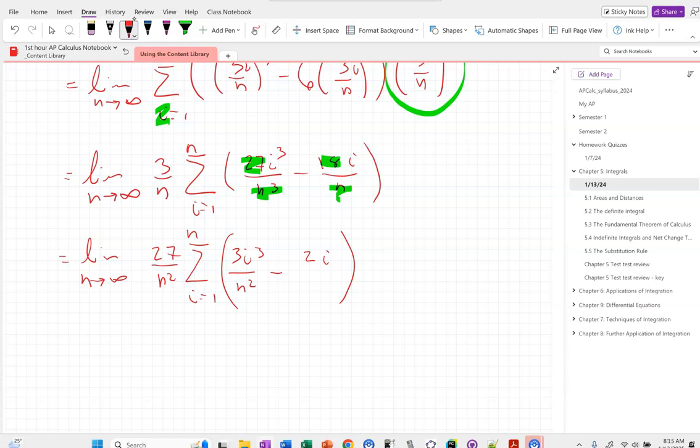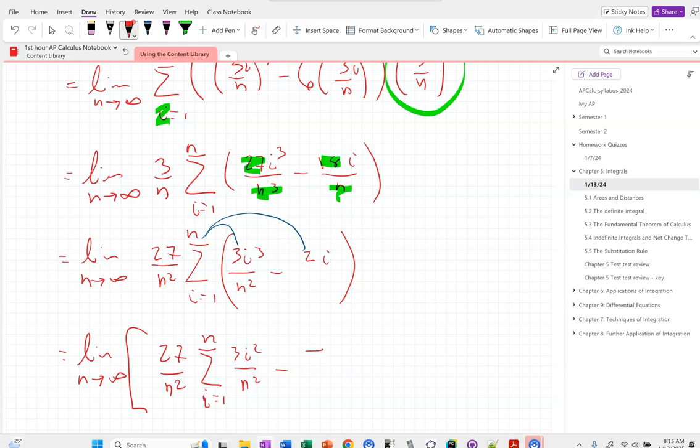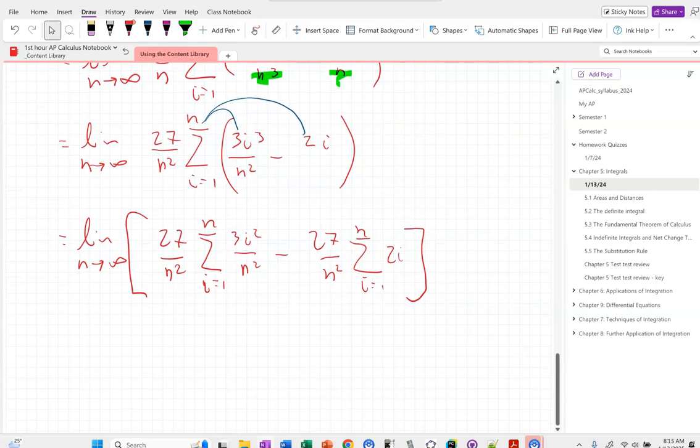I think now I'm going to distribute my summation. So I'm going to be a little bit careful here about what's going on. Oops, that's i cubed, sorry.